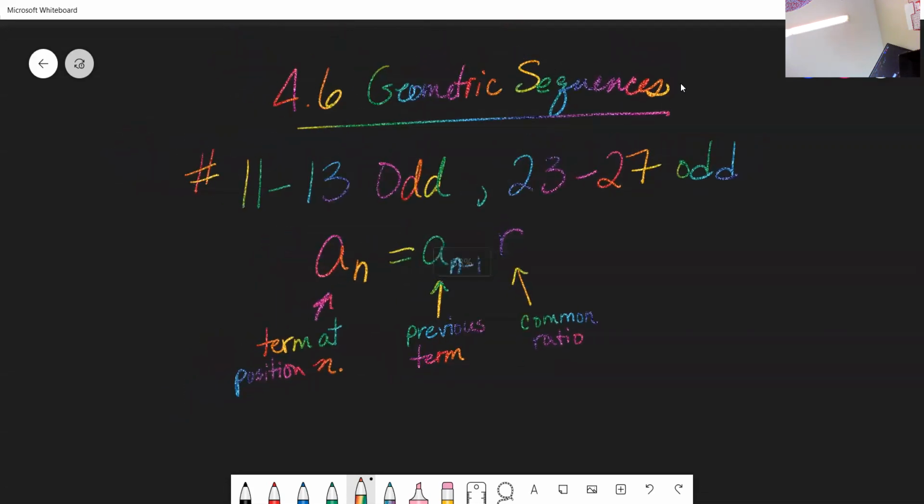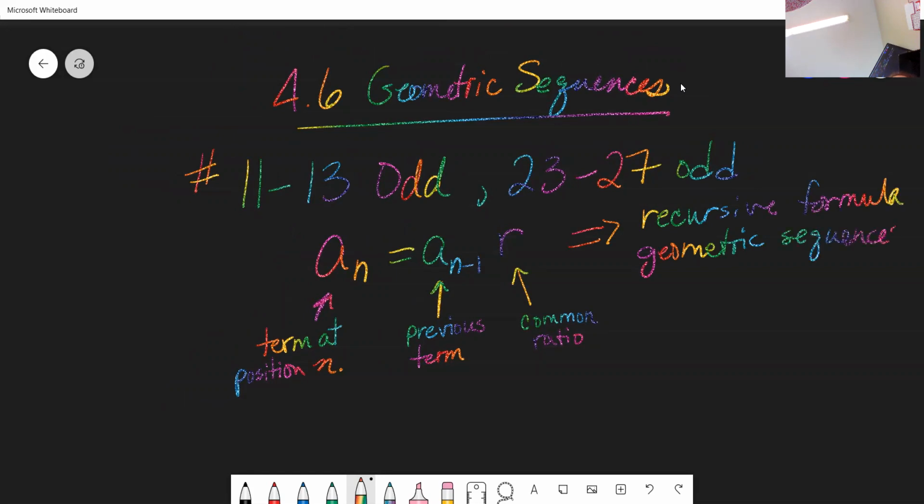So this is the recursive formula for geometric sequences. So keeping that in mind, let's do a little bit of practice.